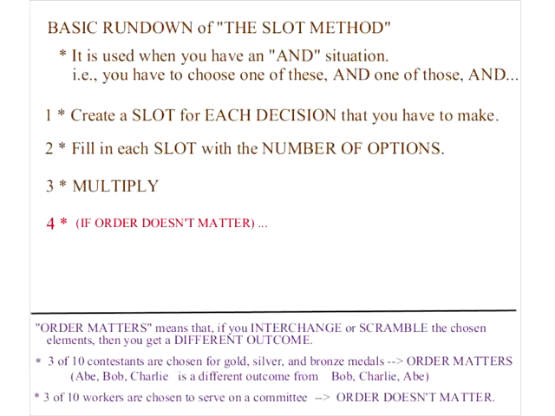Because if you choose a committee of Abe, Bob, and Charlie, that is the same outcome this time as Bob, Charlie, and Abe, and any other scramble that you might want to make. So in this case, if I scramble the committee, it's still the same committee. If I scramble the people that win these medals, then I have different people winning different medals, and it's no longer the same. So, smiley faces if that makes sense.